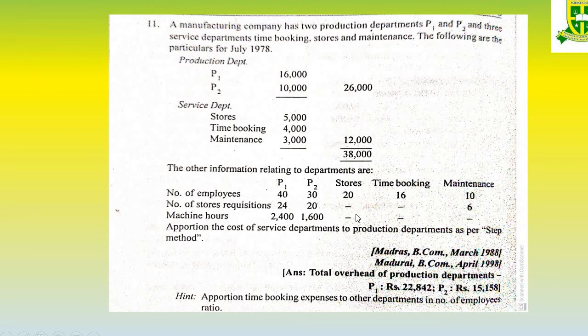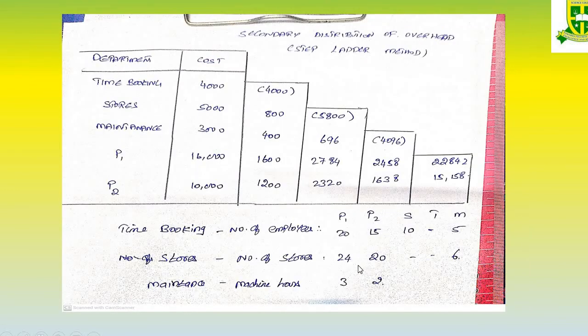The values were 24, 20 and 6. So take the ratio. It has to be divided by 2, so 12, 10 and 3. Then distribute this 5,800 in the ratio 12:10:3 among maintenance, P1 and P2.